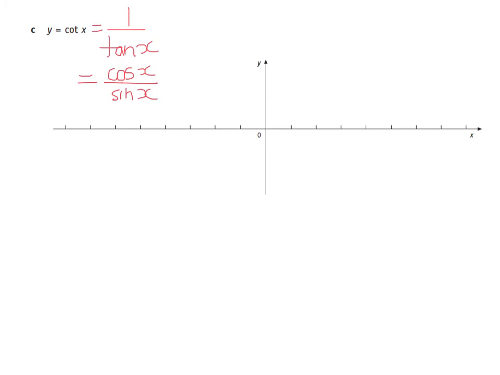The reciprocal of tan x is cos x on sin x. So let's draw sin x and cos x, and then we'll divide those two functions. So what if we go like this? I think I drew those dots very well. That's 2 pi and that's pi. So this is sin x, that's right, going through those values.